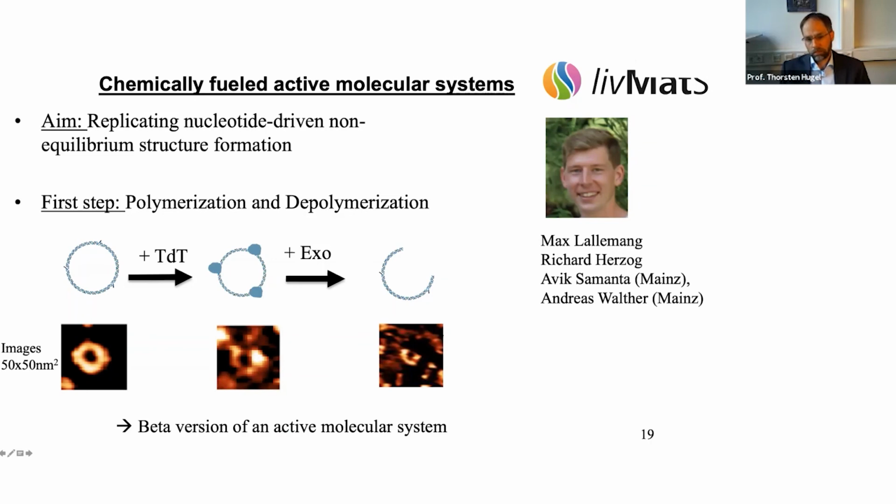So, call this a beta version of an active molecular system. And as you see, it's really important to have the AFM here in real time with nanometer resolution under physiological conditions. And I think you can search quite a bit to find another method that can do this. This was done by Max and Richard in my group in collaboration with the Walter group.